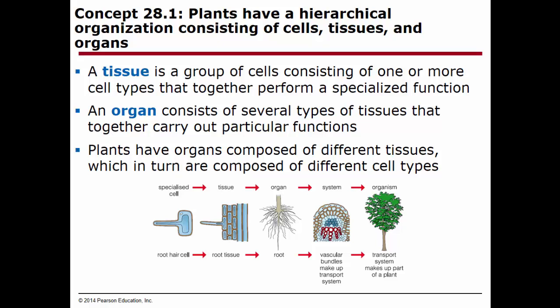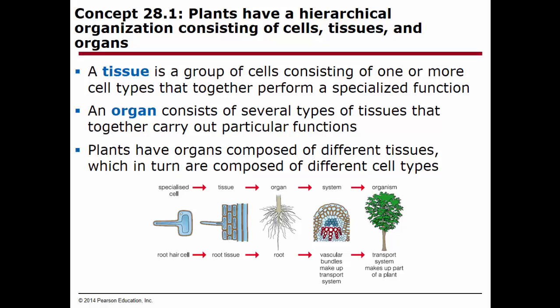The cell is well designed for this function because of the long, skinny extension that increases the surface area for taking up water. The root tissue is then composed of many root hair cells, although only one is visible in this diagram. If we showed a larger area of the root, we'd see more of these types of cells.